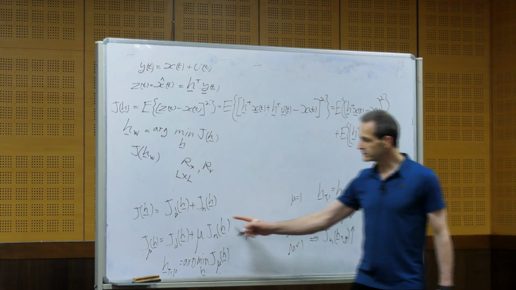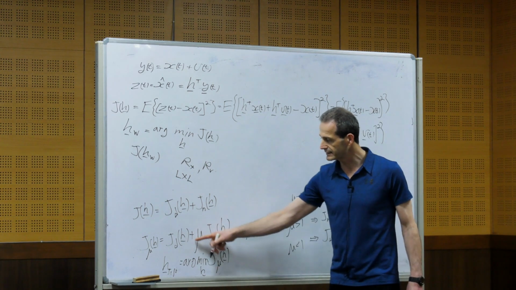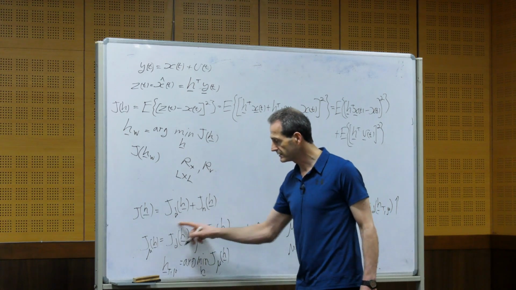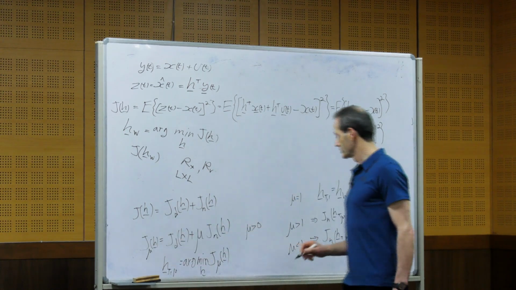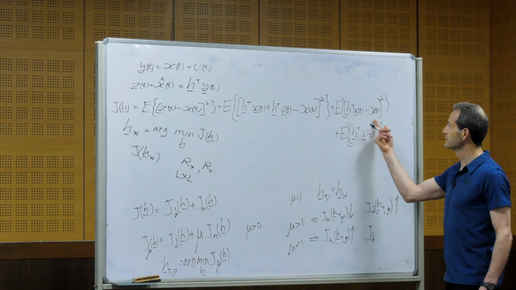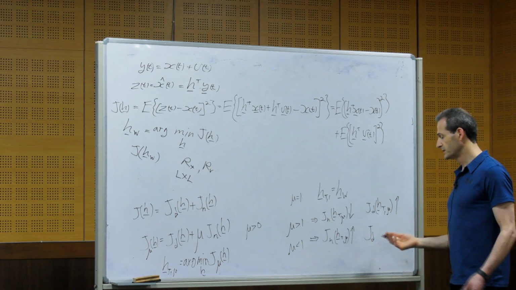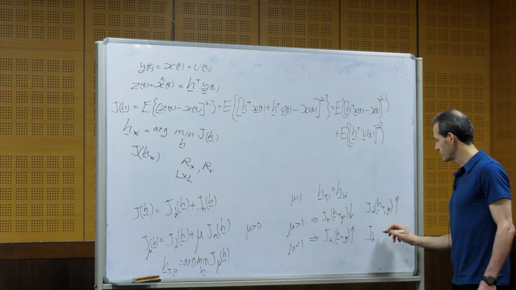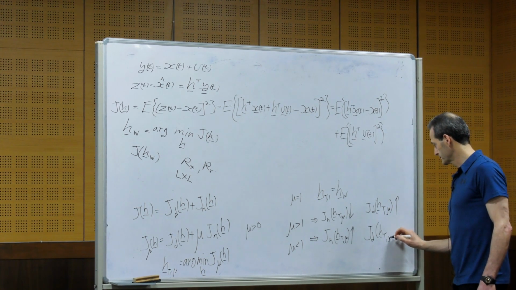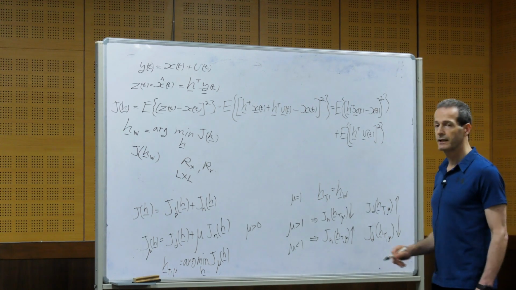So if we take mu smaller than 1, it means that this part is less important, so there is more relative importance to this part. So J_d, the distortion, you see this is the distortion, the mean squared error for the distortion, will go down. That's why we call it a trade-off filter.